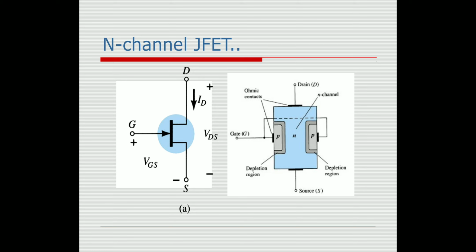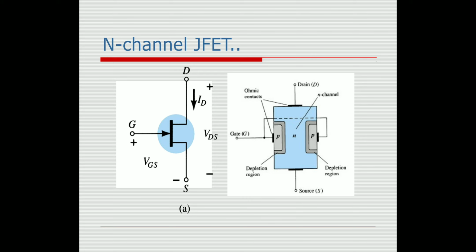So there are two PN junctions present in this transistor. And as we have discussed, it is a voltage control device. When we change VGS, we can change ID. Generally drain is given positive potential compared to source.